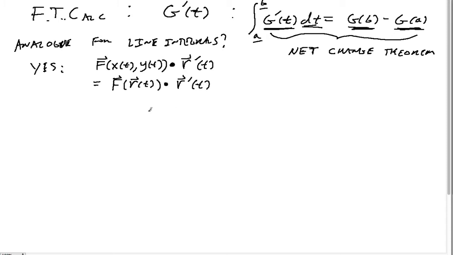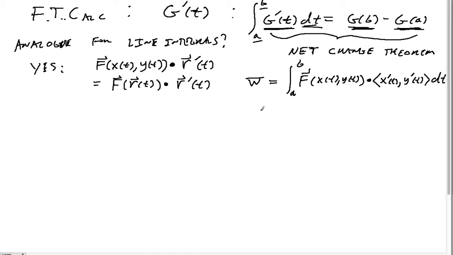And then the integral we wanted to compute was the integral from a to b of F of x of t, y of t dotted with r prime, which was x prime of t, y prime of t, dt. Okay, so there we go.